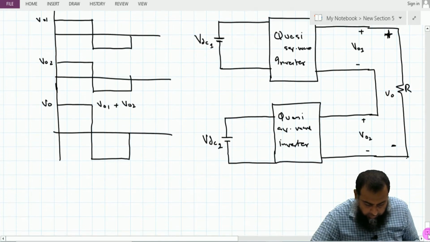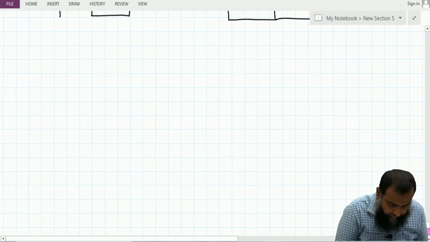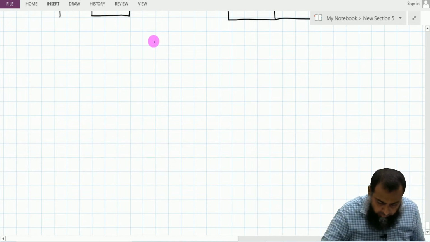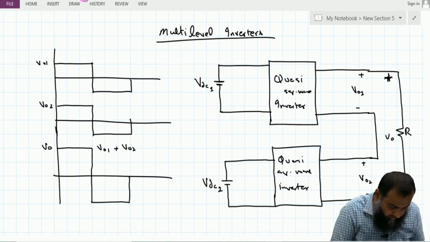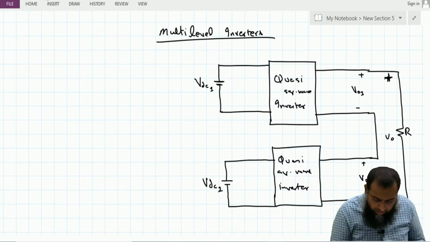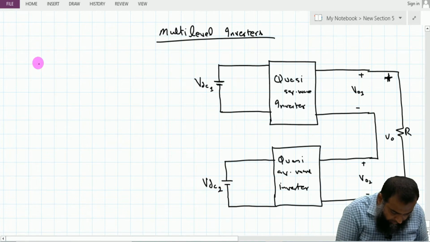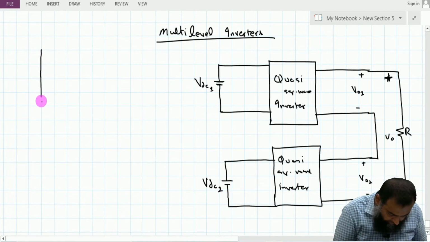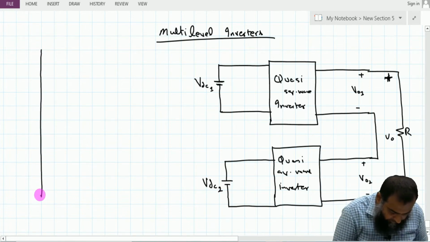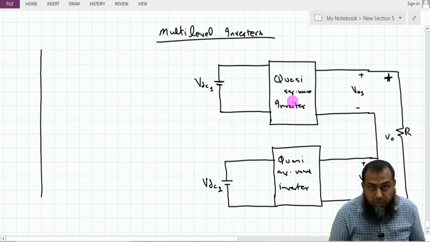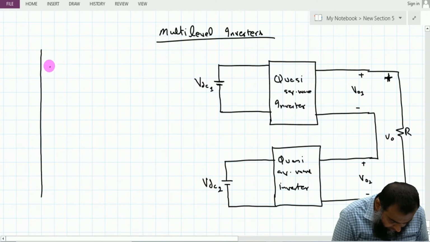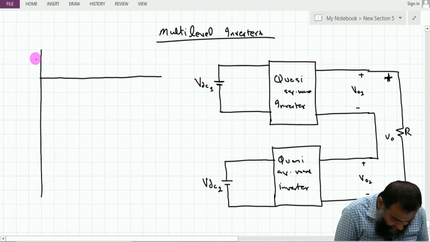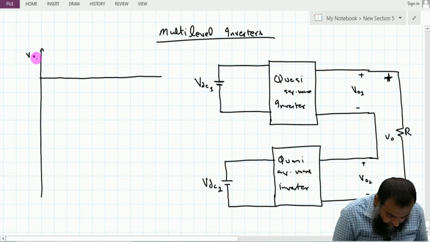Let us say that for the first inverter, let me get rid of these lines here. If we have this quasi square wave inverter available, let me first of all draw the individual waveforms of these full bridge inverter circuits that are operated as quasi square wave inverters. So here we have V01.